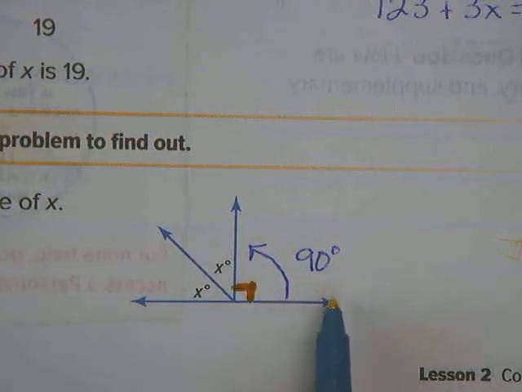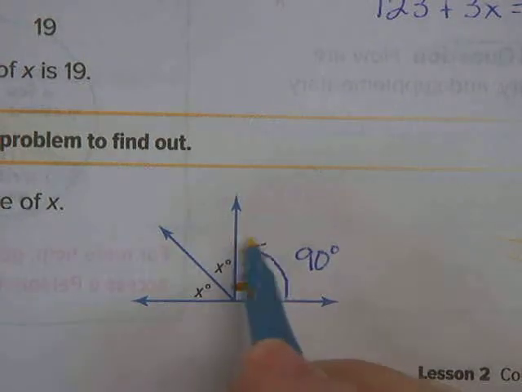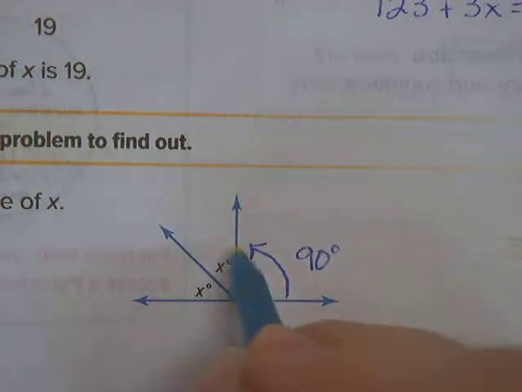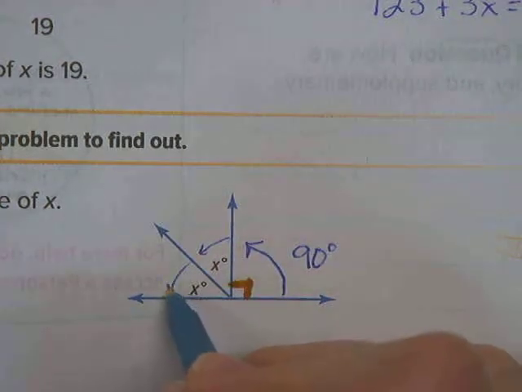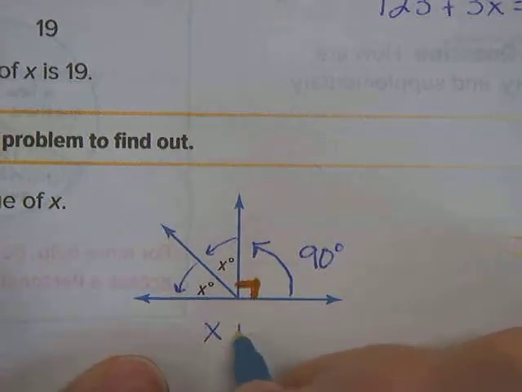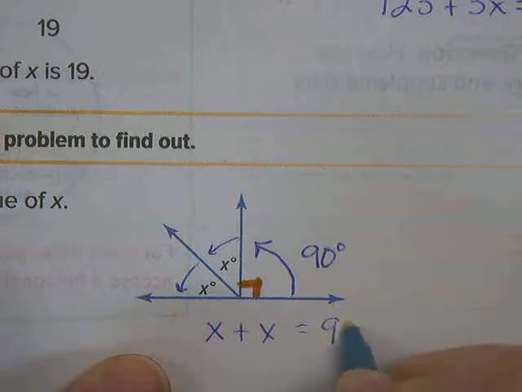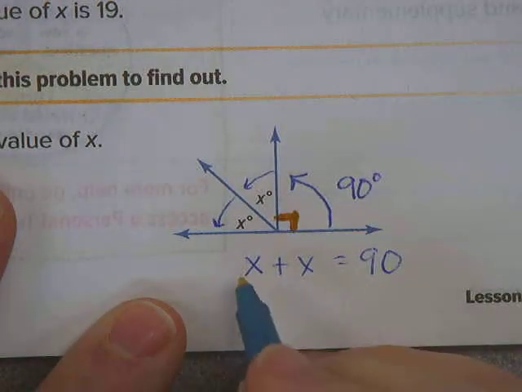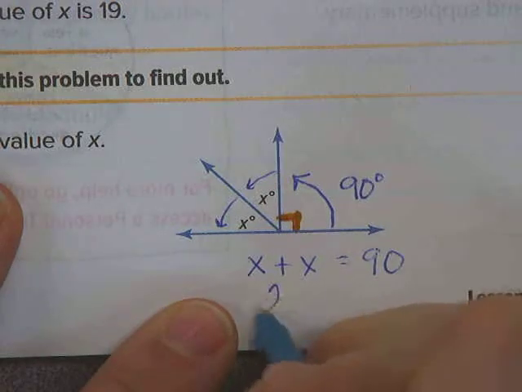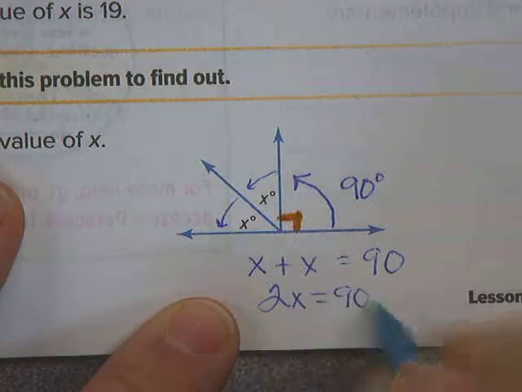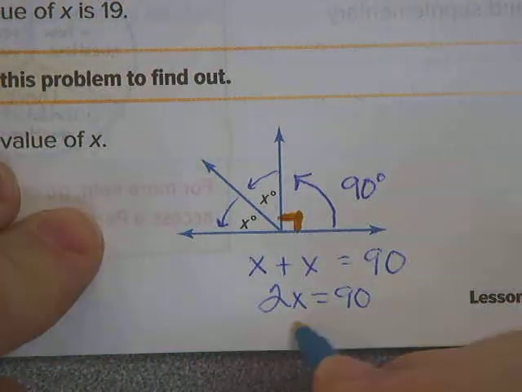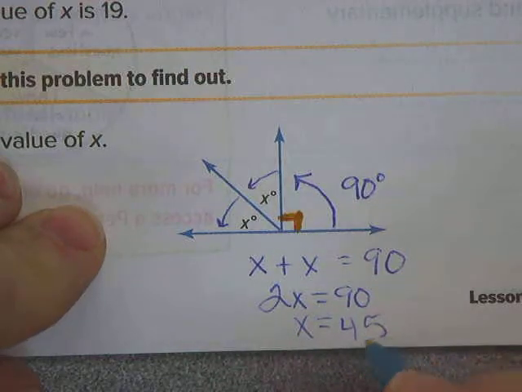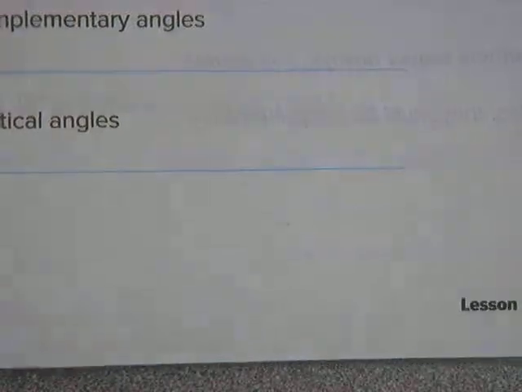So if this is 90, doesn't this over here have to be 90 so that the whole thing adds up to 180? So if these two things have to be 90, x plus another x is 90. Now we add like terms. x plus x is 2x, and divide by 2 to get x equals 45.